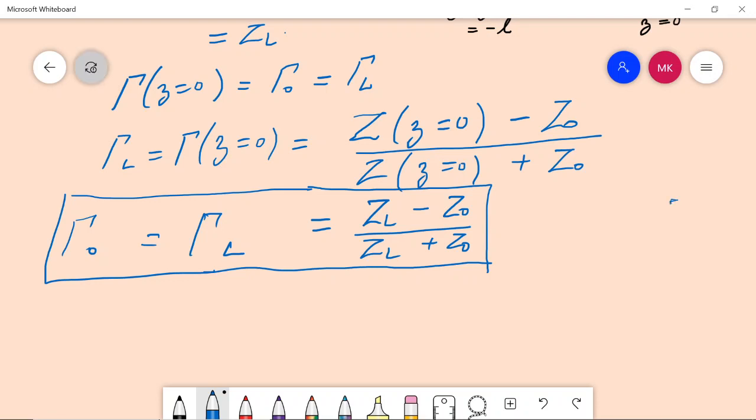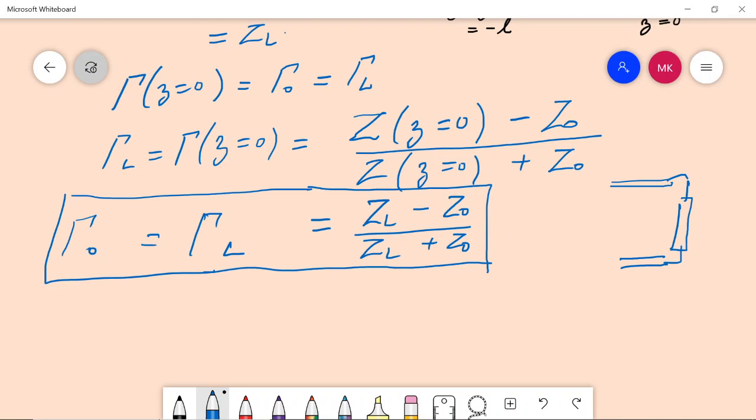Whenever you have some load connected to a transmission line, maybe at any position, part of the wave will be reflected back.